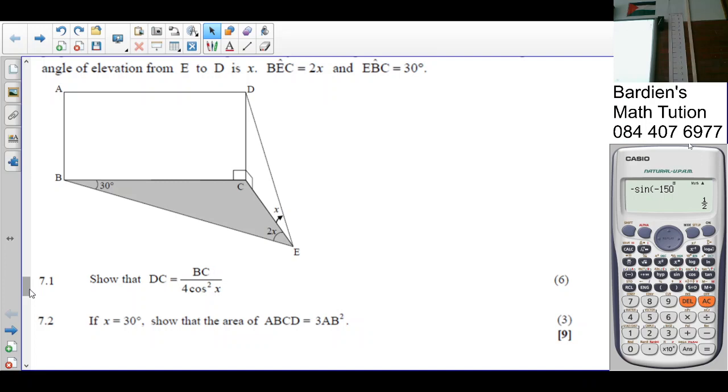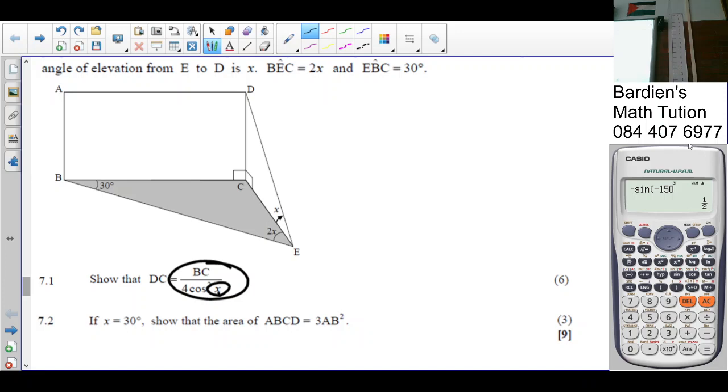But let's look at question 7.2. We are told that if x is 30 degrees, that means this could be calculated, or simplified, in terms of BC.